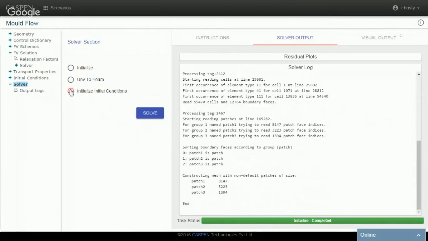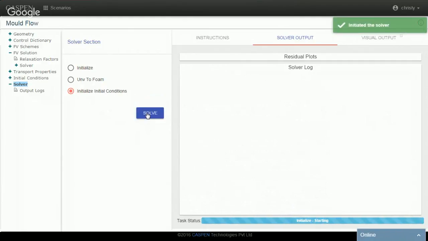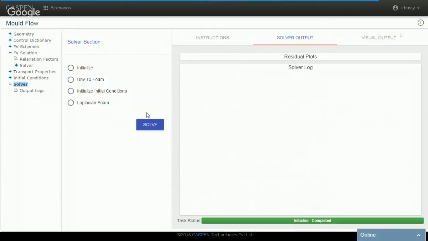After that is done, we initialize the initial conditions. We click on solve. Conditions have been initialized.